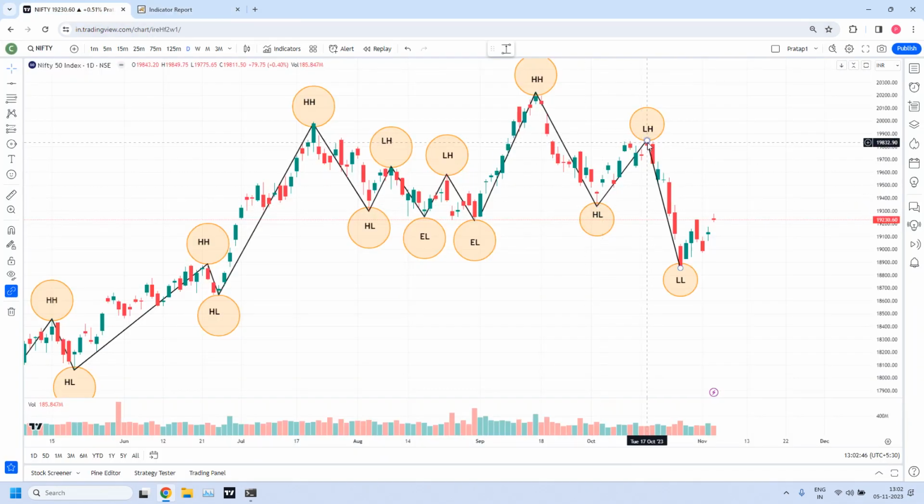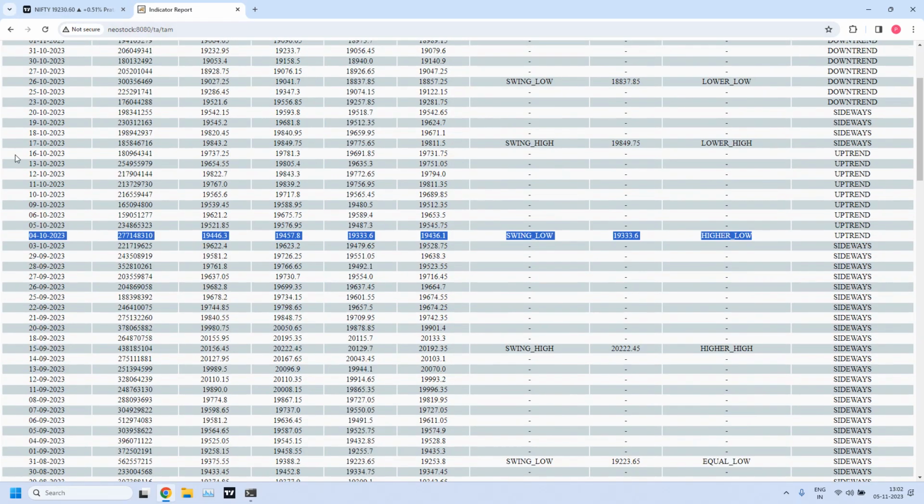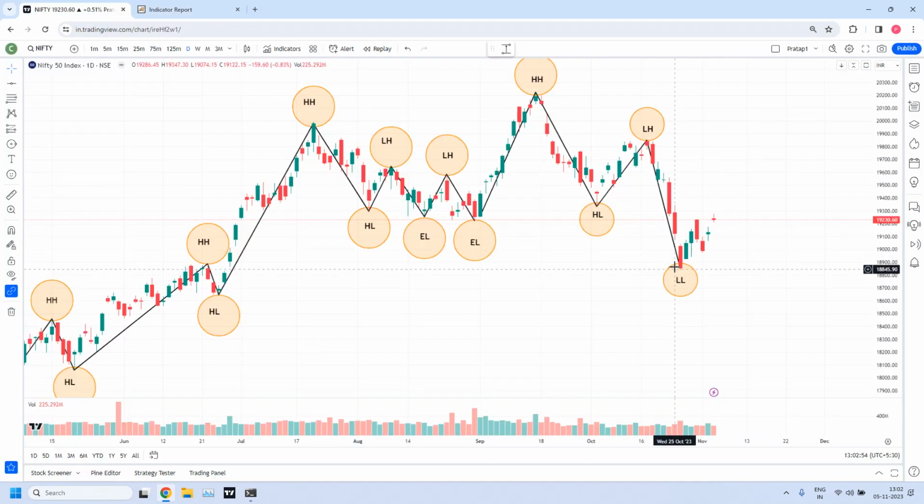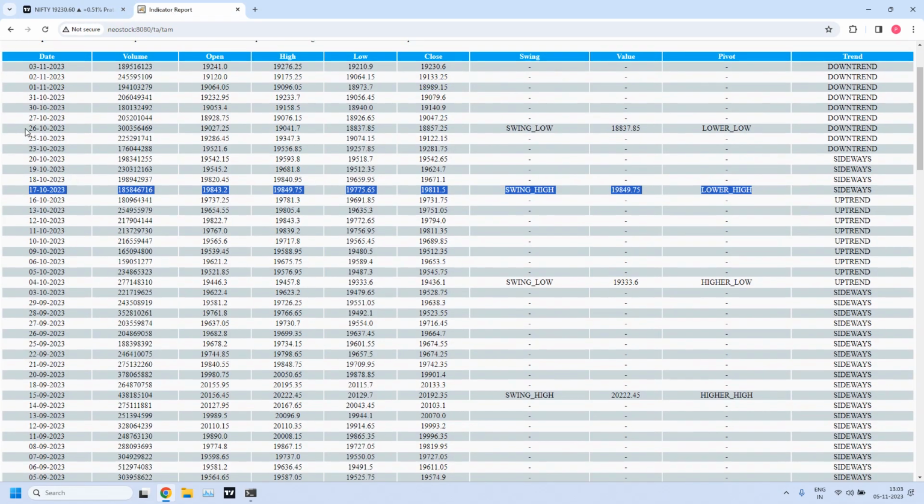And then 17th October, lower high. And finally, 26th October, it is lower low. 26th October, we have lower low.